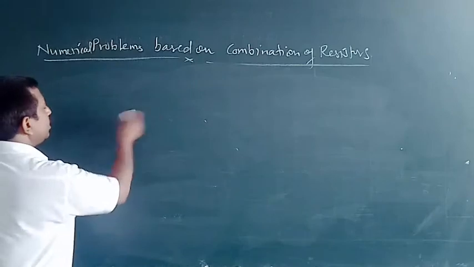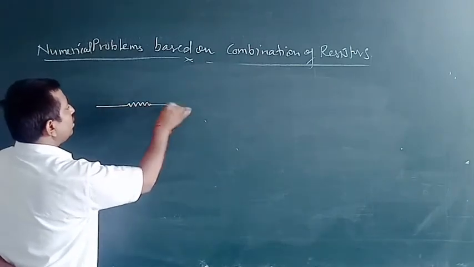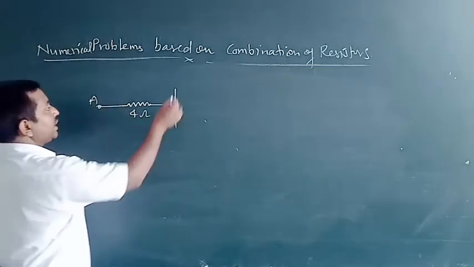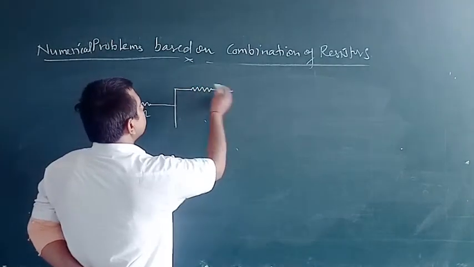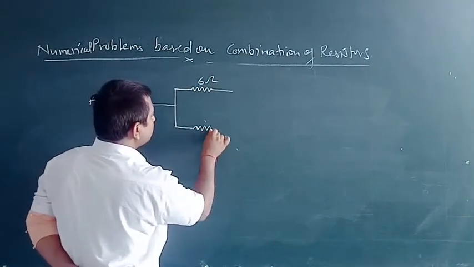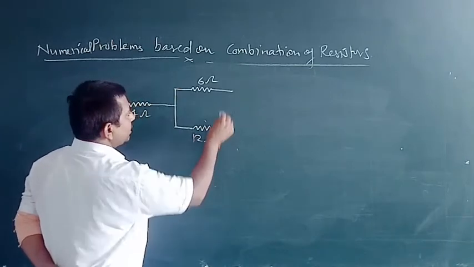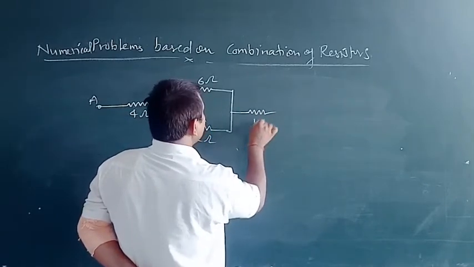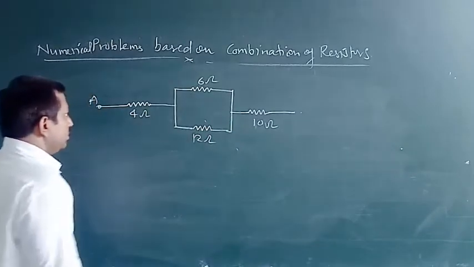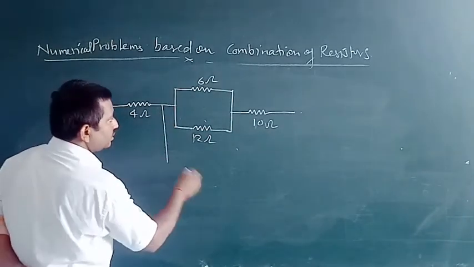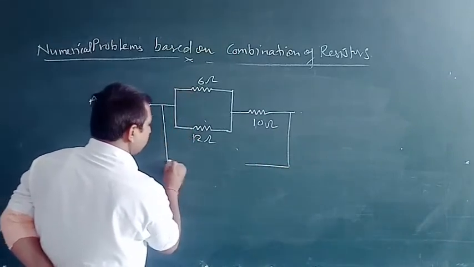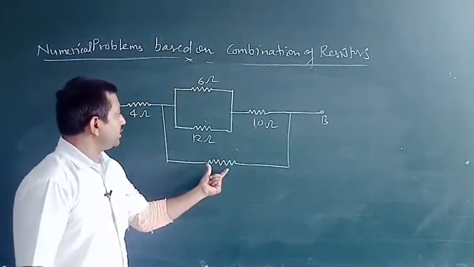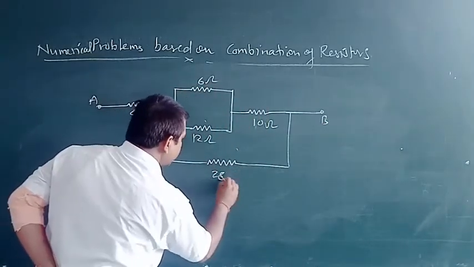Suppose this is a circuit of resistors in which there is a 4 ohm resistor, and here is a 6 ohm resistor, here is a 12 ohm resistor, and further here is a 10 ohm resistor, and here is another combination of resistor, and there is a point B, and the value of this resistor is 28 ohm.